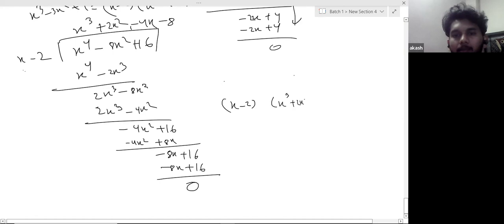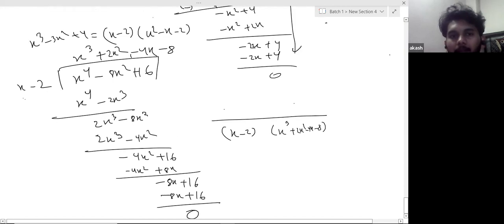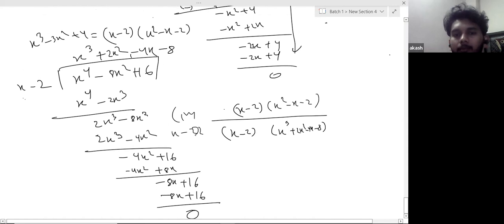x cube plus 2x square minus 4x minus 8 in the numerator, x minus 2 x square minus x minus 2, limit x tending to 2. So this is cancelled. Now you can put the value of 2 directly. So 4 minus 2 minus 2.